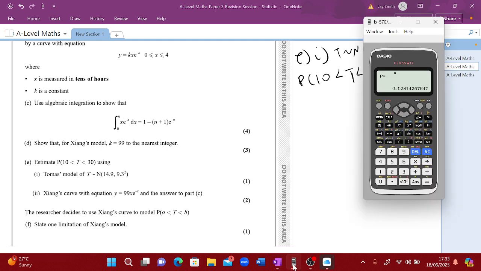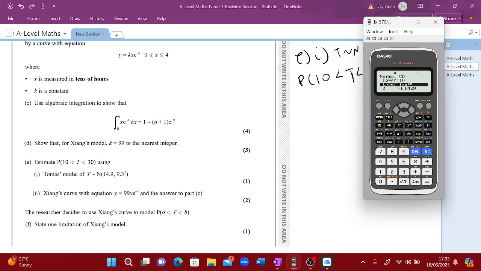So again, let's go to our calculator. Let's go to 7. It's a cumulative one, so it's going to be normal CD. The lower limit is 10. Because it says less than, we can also say less than or equal to. With a normal distribution, when it equals a number, the probability is 0, so it doesn't matter if you have less than or less than or equal to.